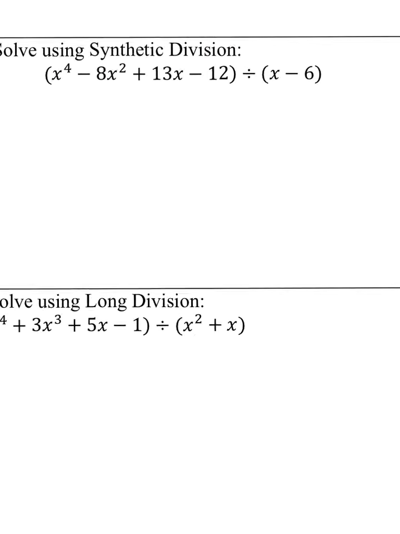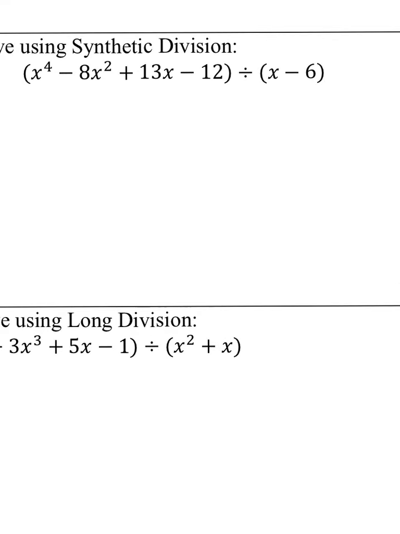Okay, so let's move on to number 7. Solve using synthetic division. Okay, synthetic division, you need to flip the sign, so 6. And then you need to write, you have 1x to the 4th, you have 0x to the 3rd, I have minus 8x squared, and I have plus 13x minus 12.